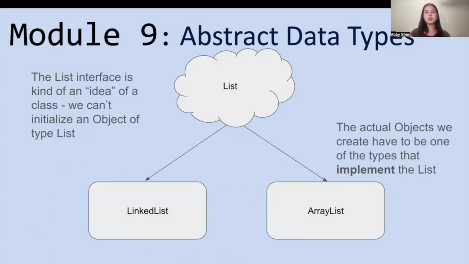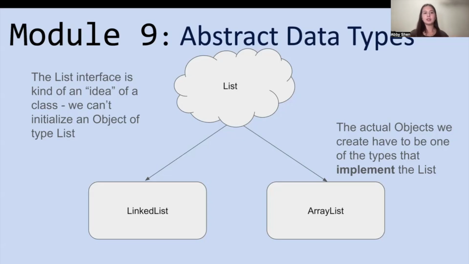But continuing on, you can think of the list interface as the idea of a class. You can't directly create a list because it's just an idea, and there's no concrete implementation of what that list means. It's just the method names and the idea of what they're supposed to do, as opposed to a concrete written-out way of how that would be carried out.